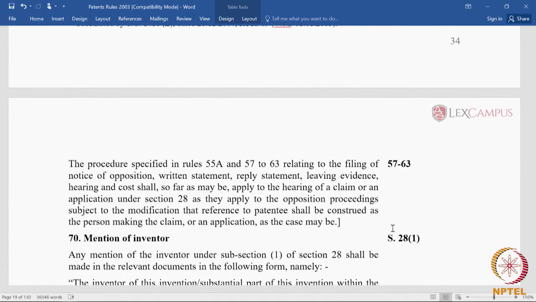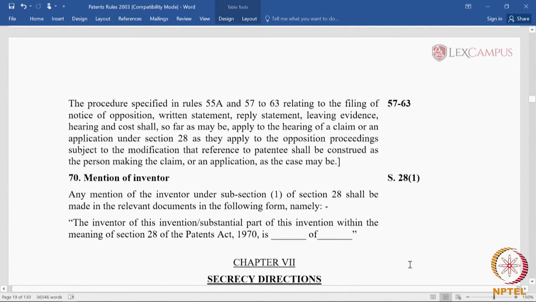Whereas, in post grant notice can only be sent to two parties, the post grant opponent and the patentee, there is no third party. So, these modifications, that is what it says, subject to modification, that reference to patentee shall be construed as a person making the claim or application as the case may be. So, subject to modifications, these provisions will apply.